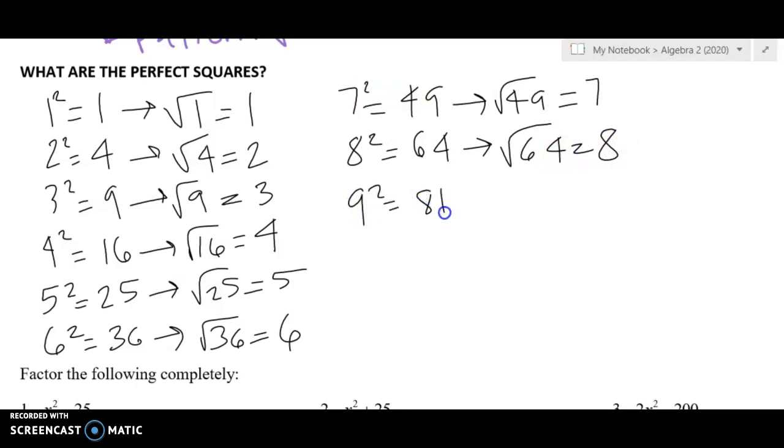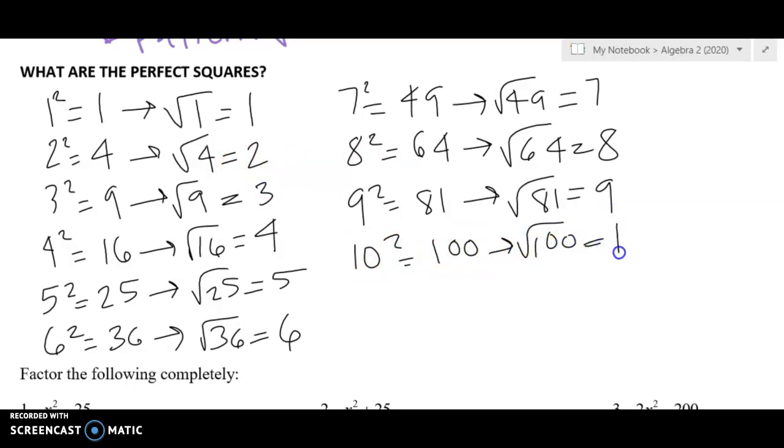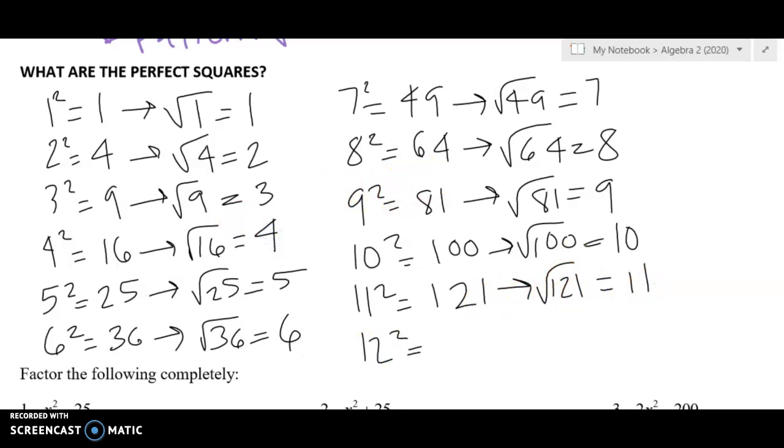9 squared is 81. The square root of 81 gets you to 9. 10 squared is equal to 100. The square root of 100 gets you back to 10. 11 squared is equal to 121. The square root of 121 gets you back to 11. And our last one, 12 squared is equal to 144.